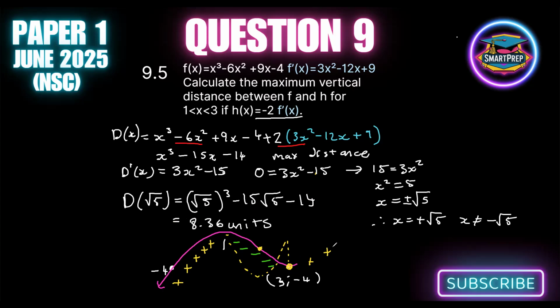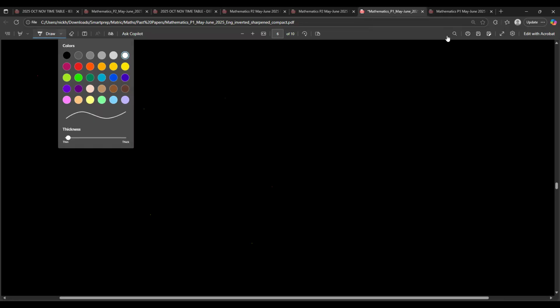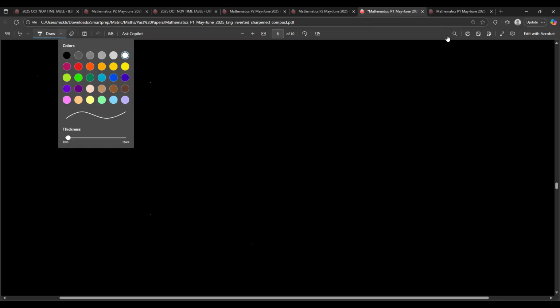Now what I want to do is, if you just stick around, I am going to show you a little bit of stuff for your paper on cubic graphs. Okay, so I've got a blank screen here, where I just want to go through these cubic functions briefly, just to show you how the derivative relates to the cubic function.